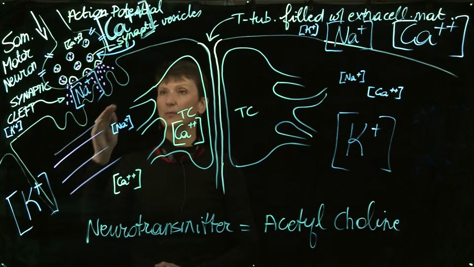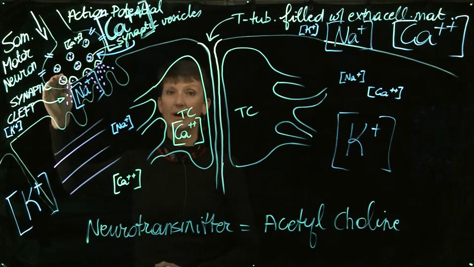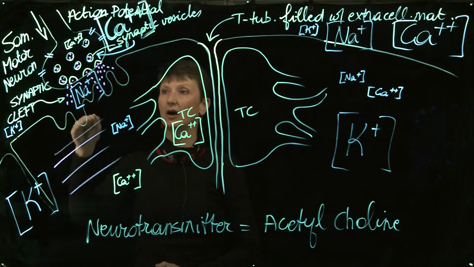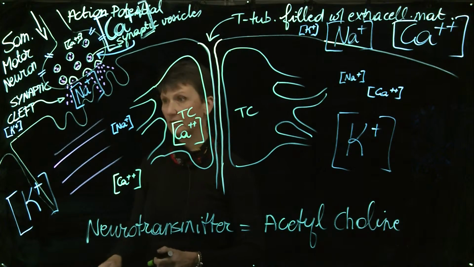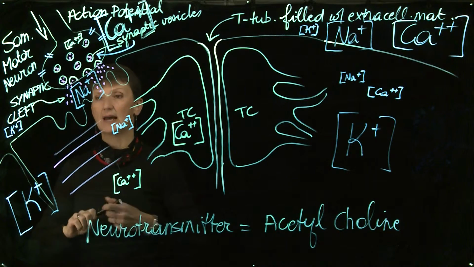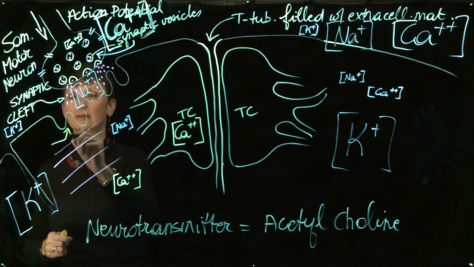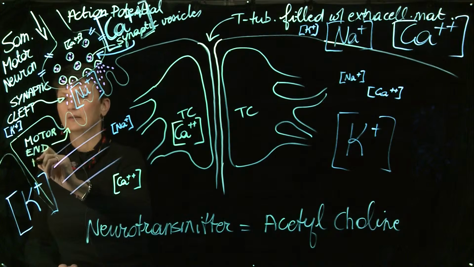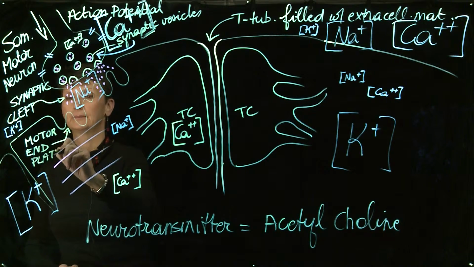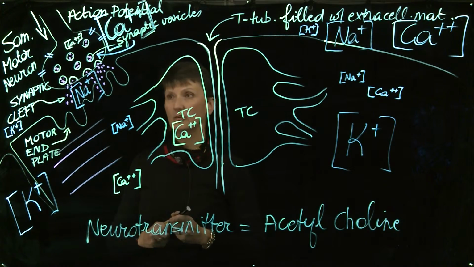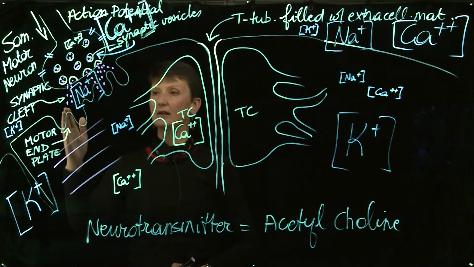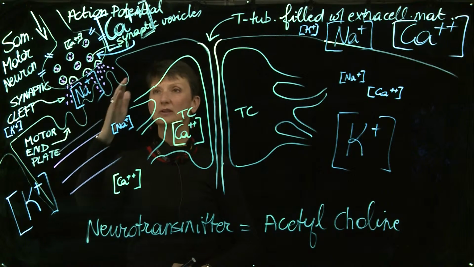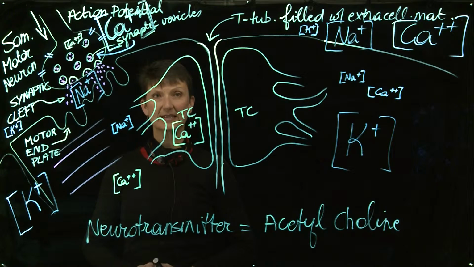Now, the muscle membrane, the sarcolemma nearby the axonal terminal, is very convoluted. We refer to this part, as a matter of fact, as the motor end plate. And the reason why it is so convoluted is because it is very crowded with protein receptors for your acetylcholine.